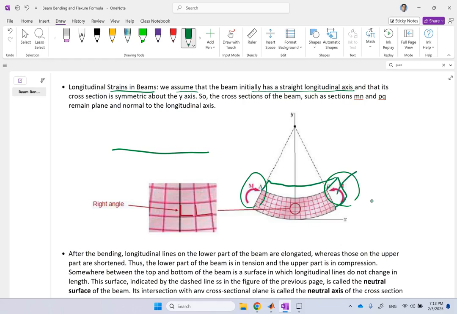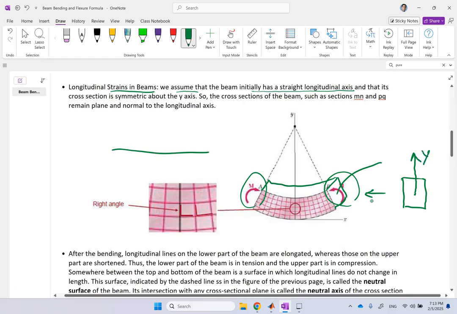This cross section here is symmetric about the vertical axis. If you look at the cross section from the side view, this is the y-axis that is passing through the middle of this cross section, and the cross section is symmetric about the y. So half of the cross section is in front of the xy plane, the other half is behind it.